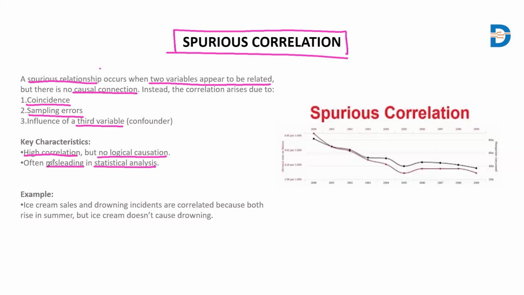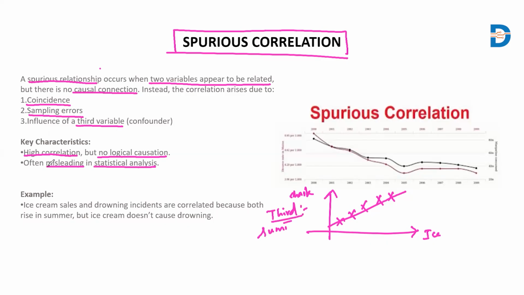For example, suppose we have ice cream sales data with respect to shark attacks. It shows that ice cream sales and shark attacks are highly correlated. Do you think ice cream sales affect the increase in shark attacks? No, right? There is a third factor called summer.